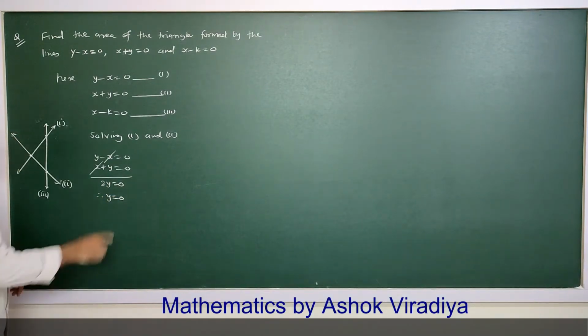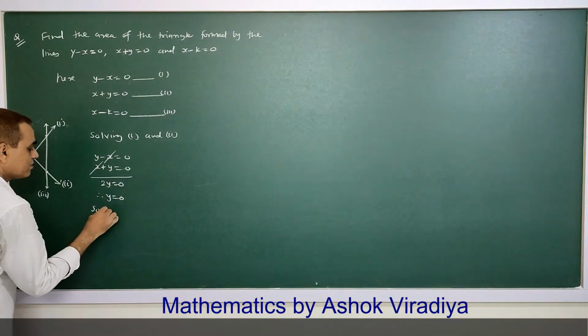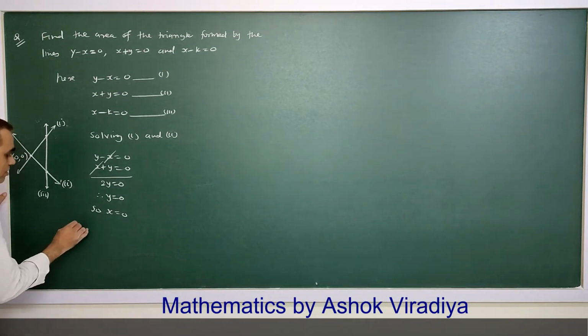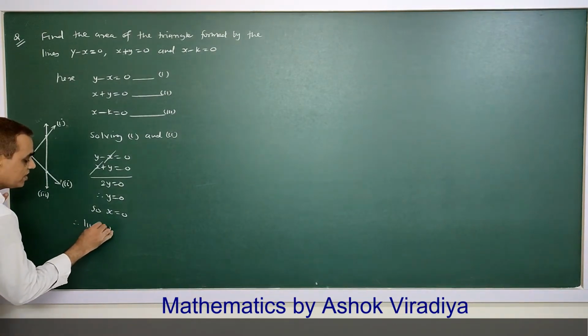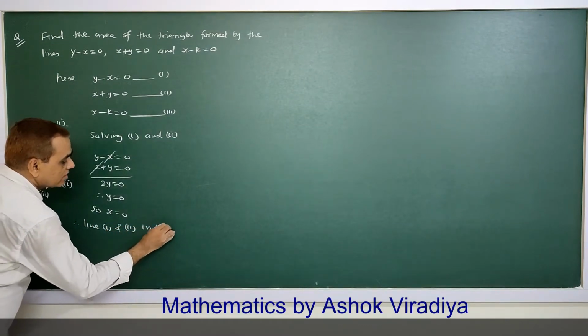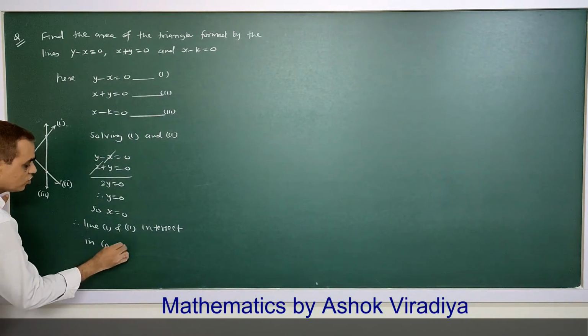And putting y as 0 in either equation, x is also 0. So line 1 and line 2 intersect in (0, 0).